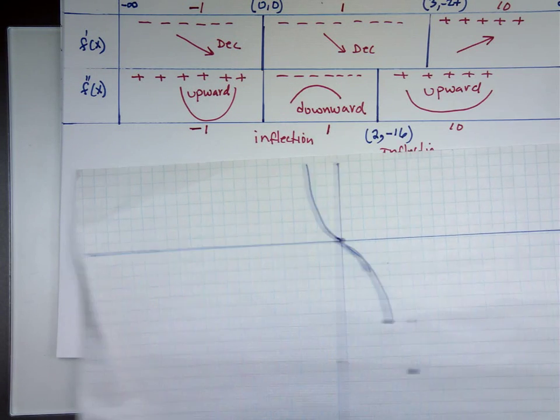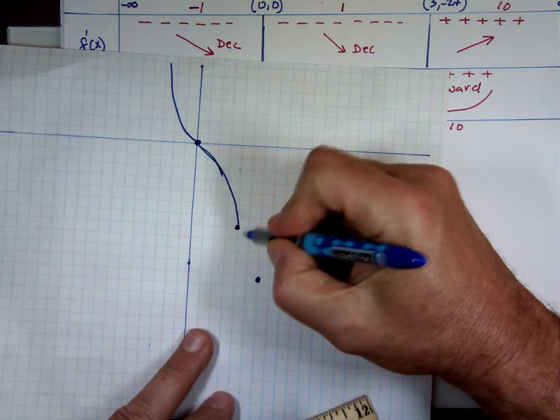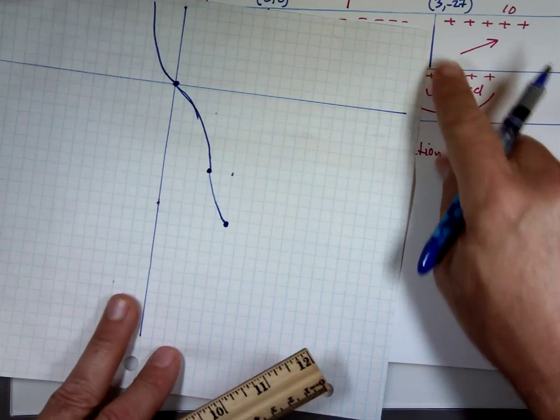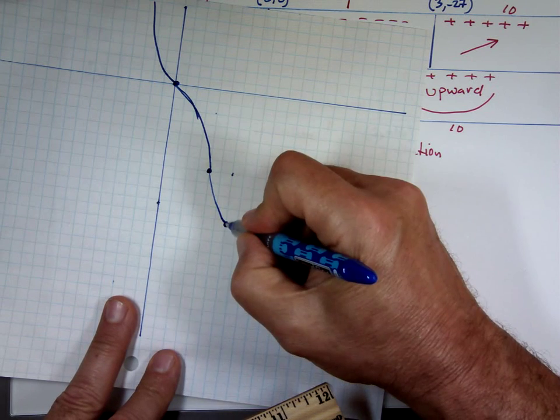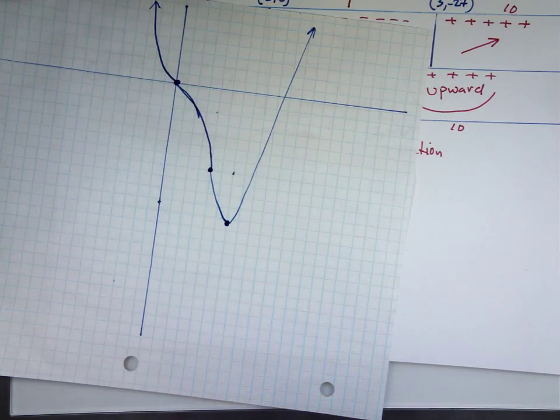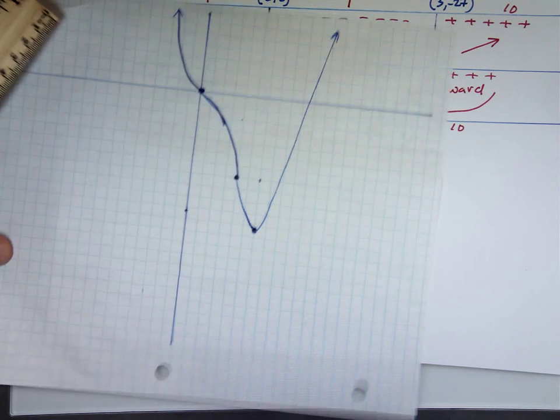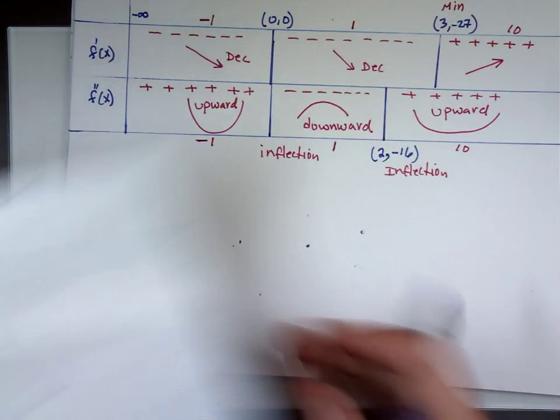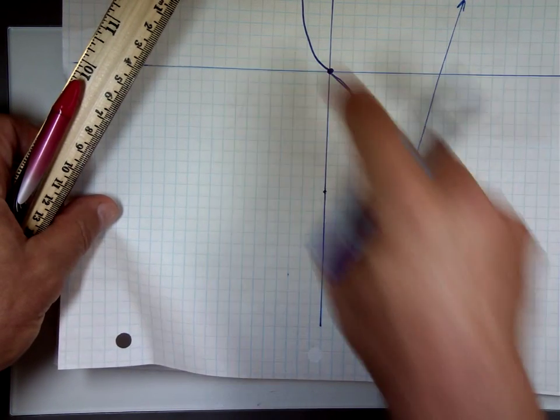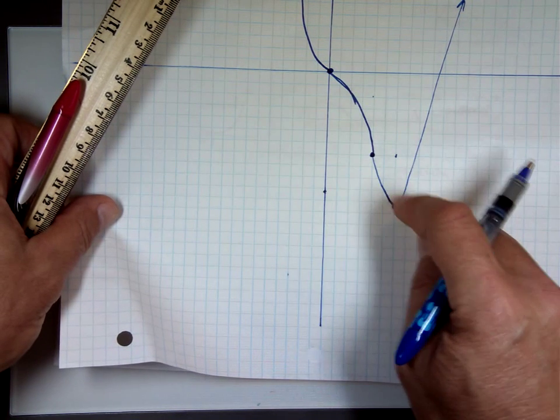Upward. And after you pass this line, it's increasing, concave upward. And that's what the graph looks like. Following all these: decreasing, concave up; decreasing, concave down; decreasing, concave up; increasing, concave up.